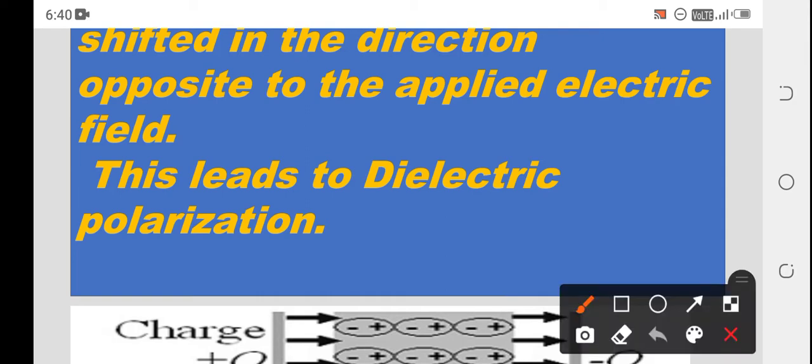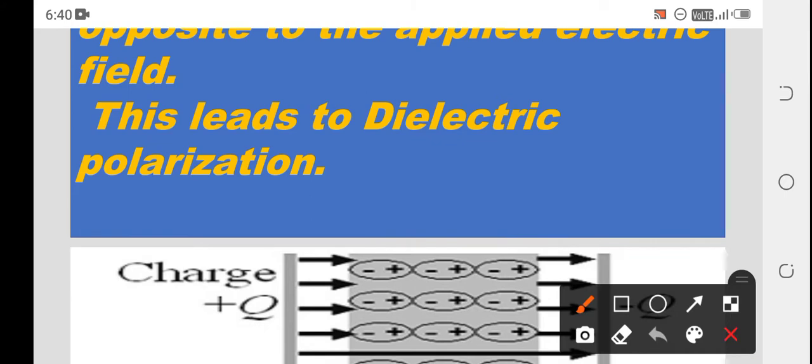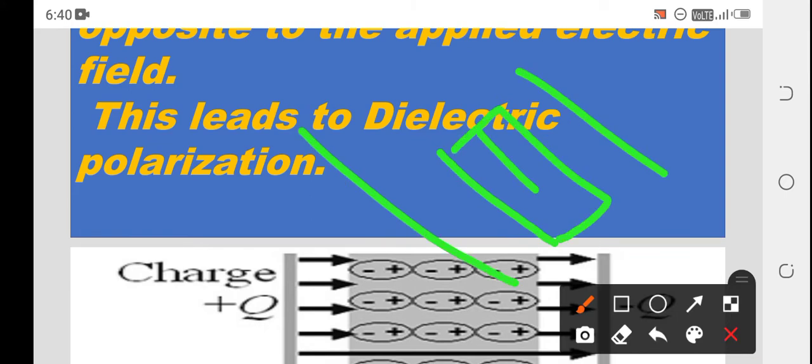Imagine an electric field. This is the dielectric material, and this is the equilibrium position of the dielectric.